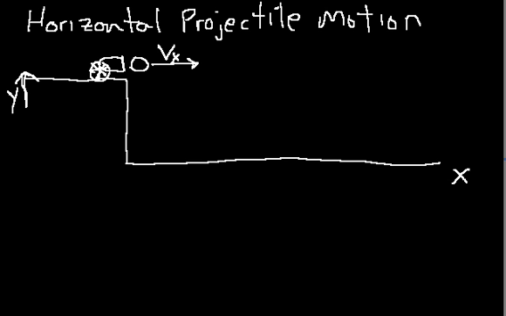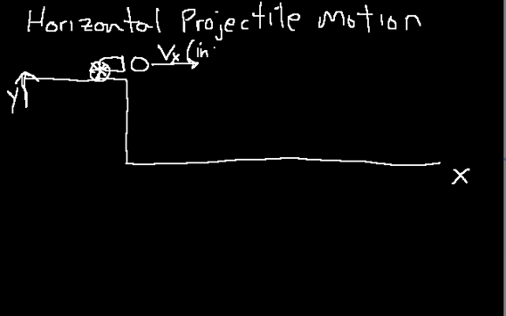So as the cannonball leaves the cannon, its initial velocity is only the x velocity. In other words, the cannonball is not angled upward or downward, so it's not initially going up or down, it's just going straight out to the right in the x direction. So this is the initial velocity.